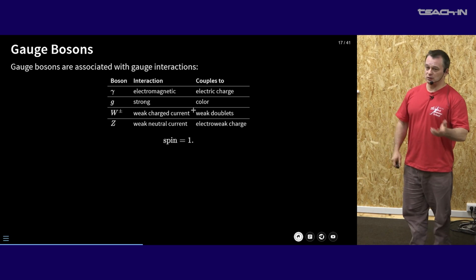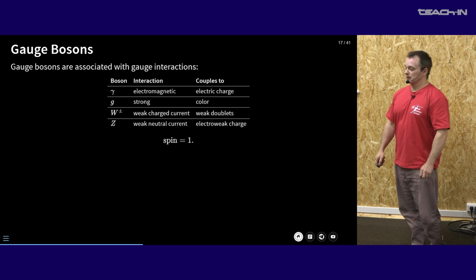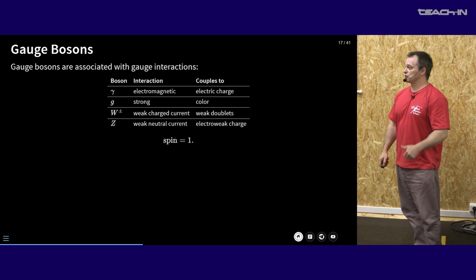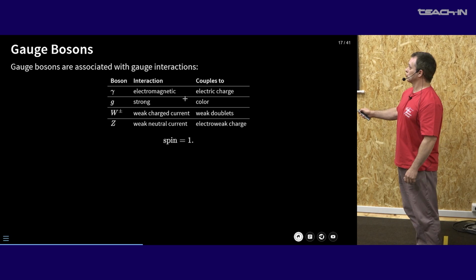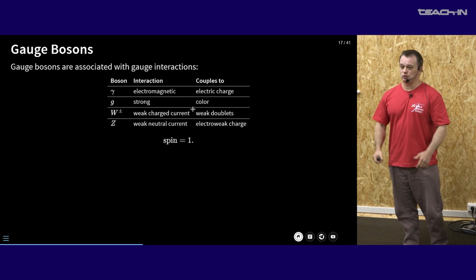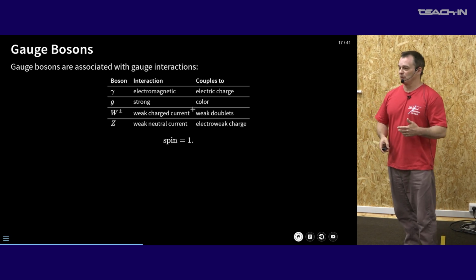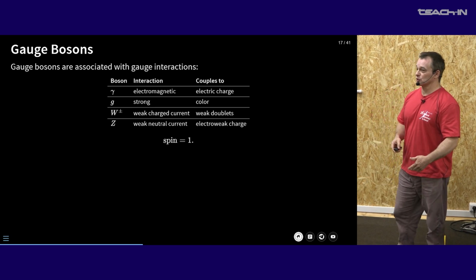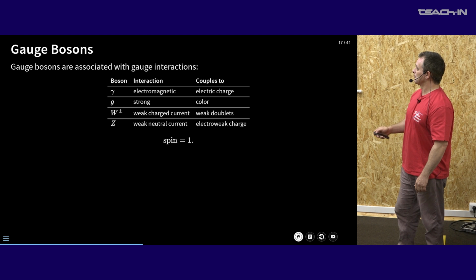The 8 gluons are responsible for the strong interactions between quarks, and they are coupled to color. Color is just a fancy name for charge, but charge is already occupied by the electric charge, so we call it color, but actually it is a charge.